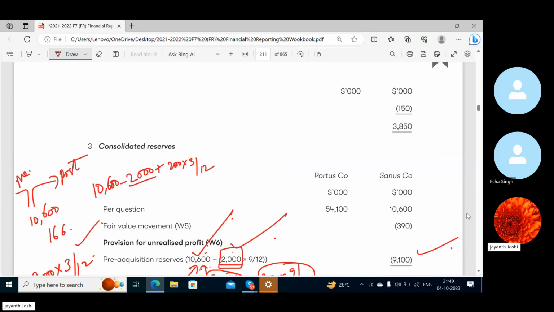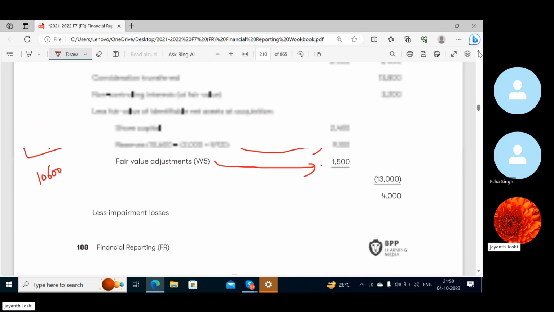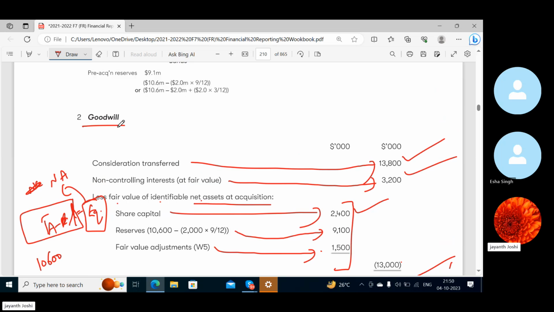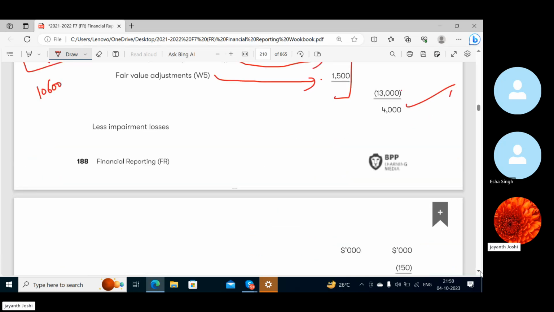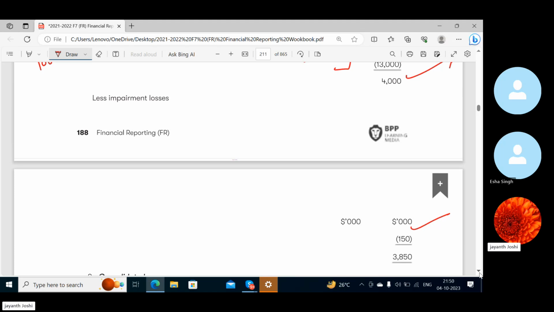That is also adjusted here in the goodwill calculation. So this entire amount makes it to 13,000. So your goodwill is how much? 4,000, right? But goodwill is what you're going to show at the end of the year, am I right or wrong? And this goodwill has been impaired by 150, a special adjustment given. So 150 removed, and hence your goodwill is how much?